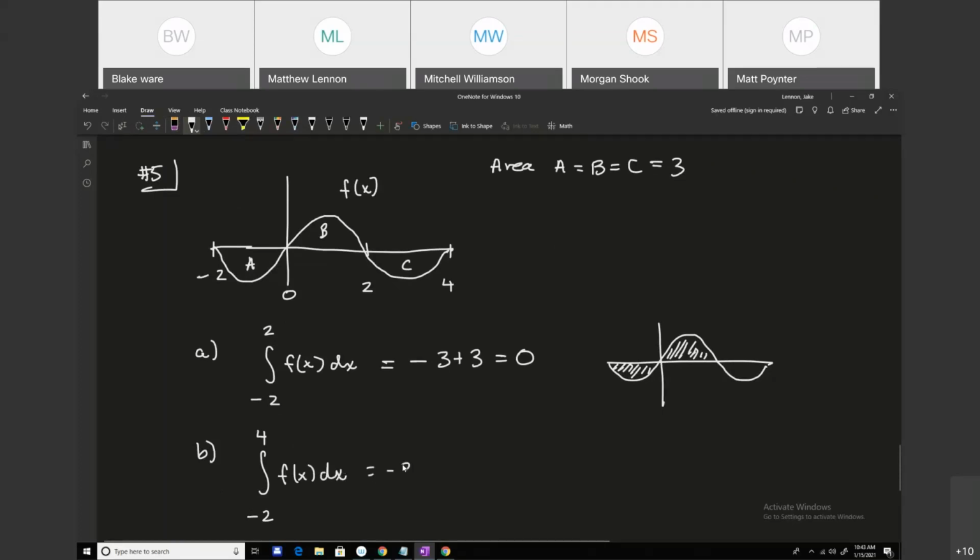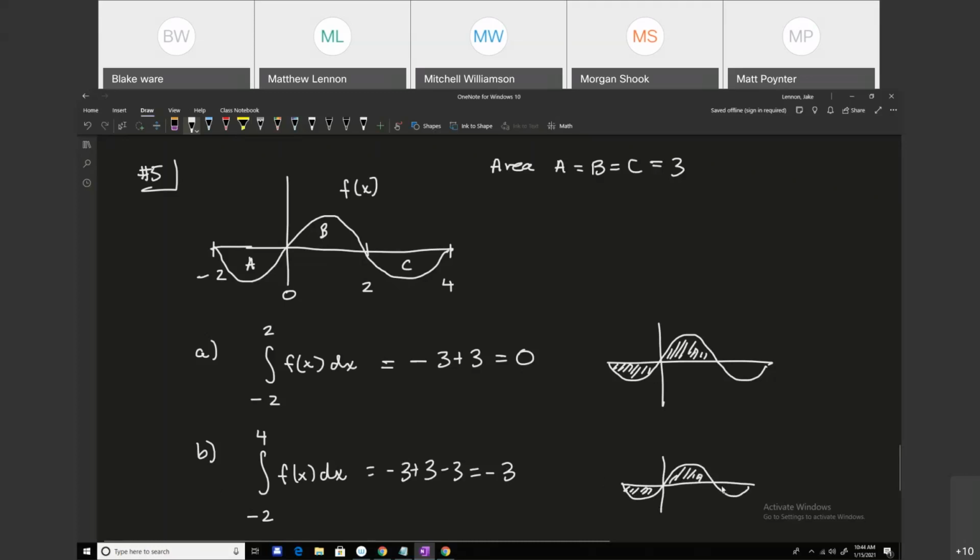So that's -3 plus 3 and then -3, which comes out to -3. That's because for this part, we're shading the entire thing.